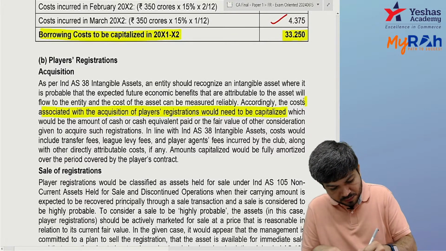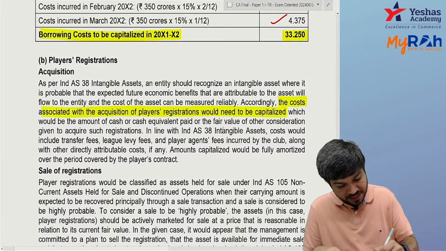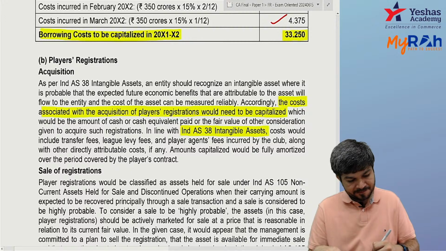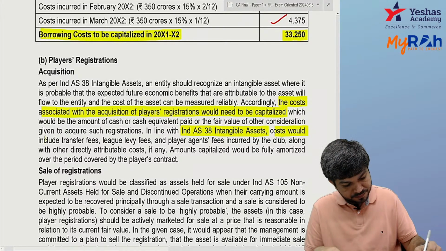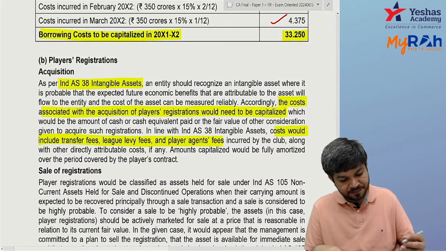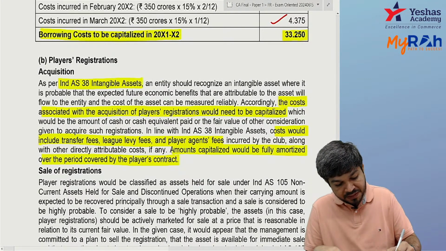The cost associated with player registration will be capitalized as an intangible asset, and the cost would include the transfer fee, league levy fee, agent fee, etc. The amount capitalized should be amortized over the period of the contract.